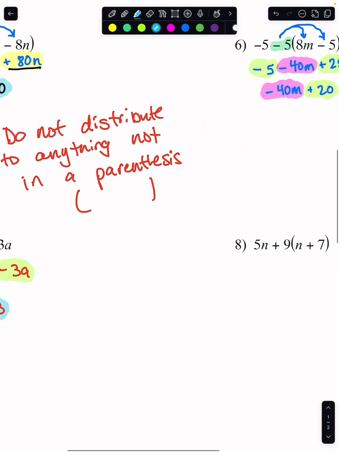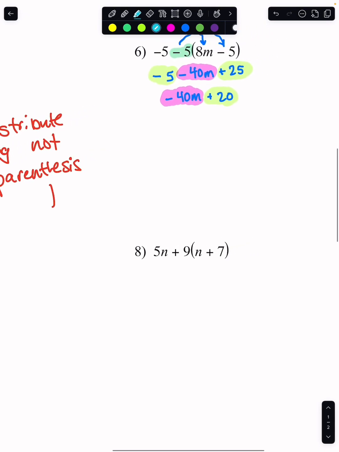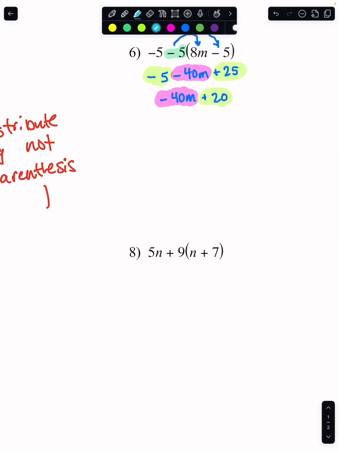And then number 8, I'm going to actually add, although this isn't the original question, I'm going to add something to it. Let's not add, let's do subtract. Minus 8 plus 2n.